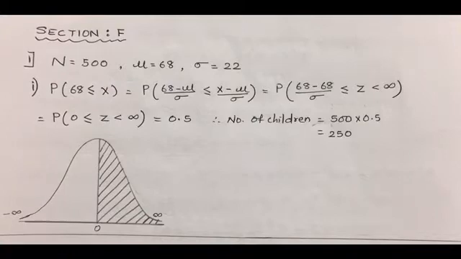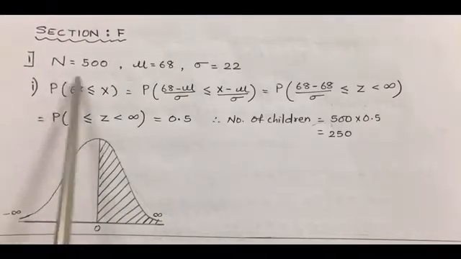We'll continue with chapter 3, normal distribution, exercise 3, section F. Now the question is, an intelligence test is conducted for 500 children.